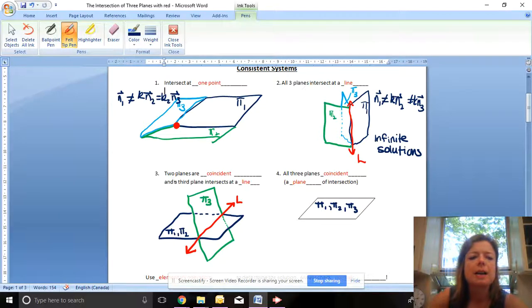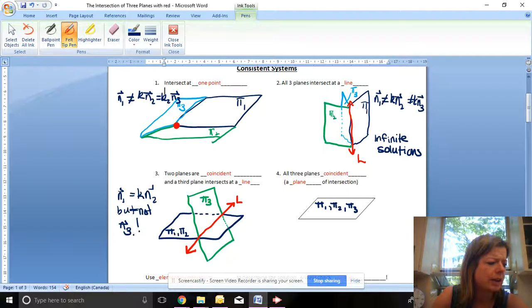The next option is that 2 planes are coincident. So plane 1 and plane 2 are coincident and a third plane intersects on the line. In this case, 2 of the normals would be scalar multiples, but not the third. In fact, 2 of the planes are scalar multiples.